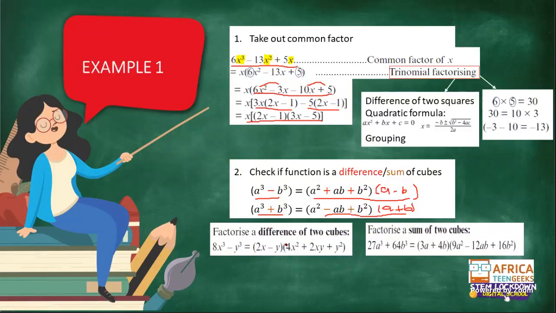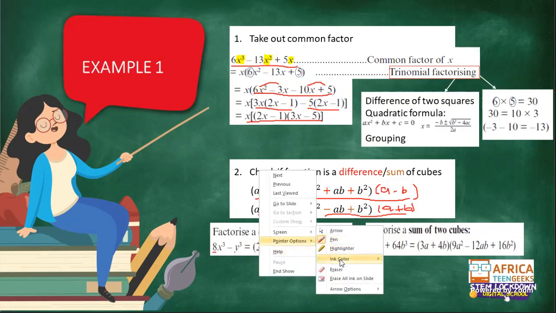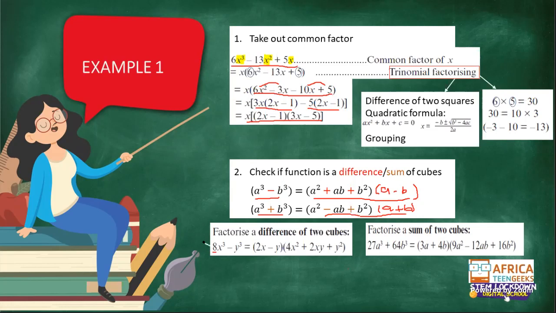If we look at our first term, there's the 8. You need to make sure that you also write your 8 in cubic form, because 8 is simply 2 cubed.